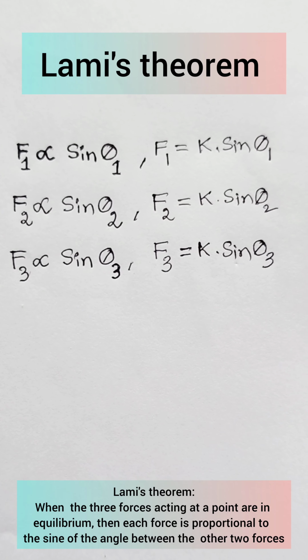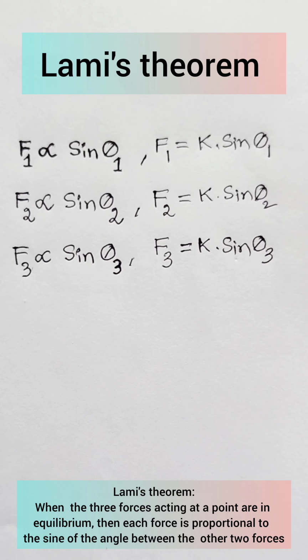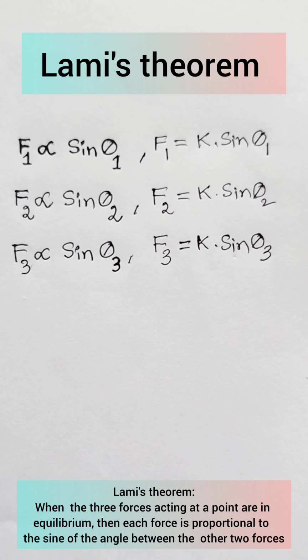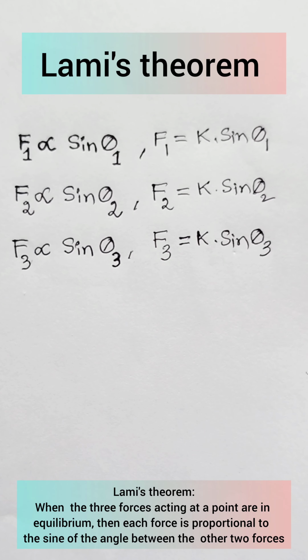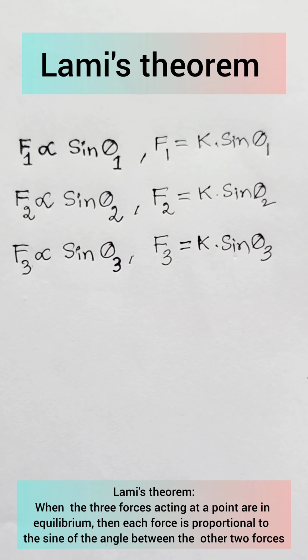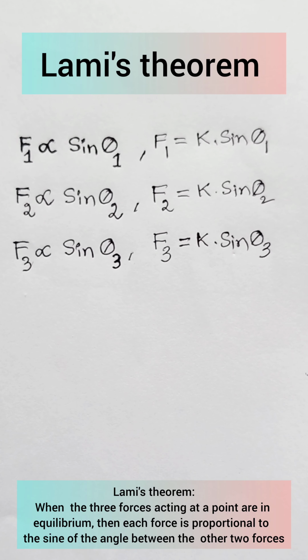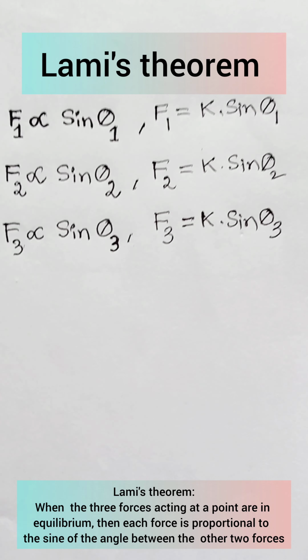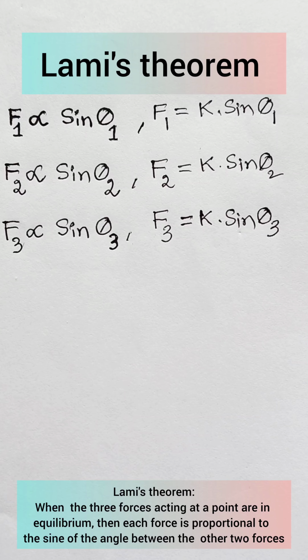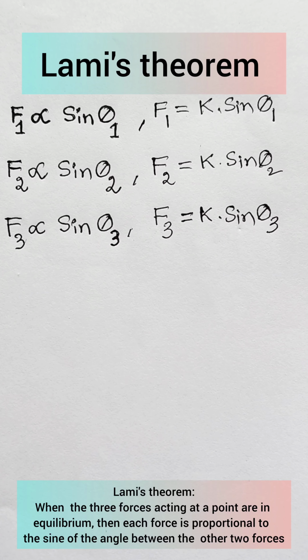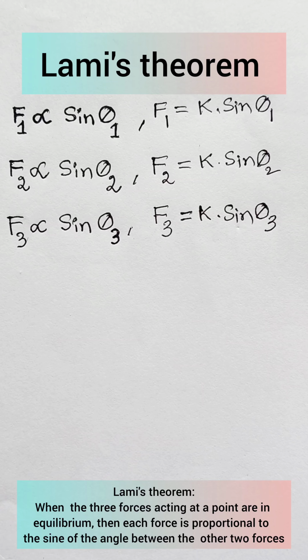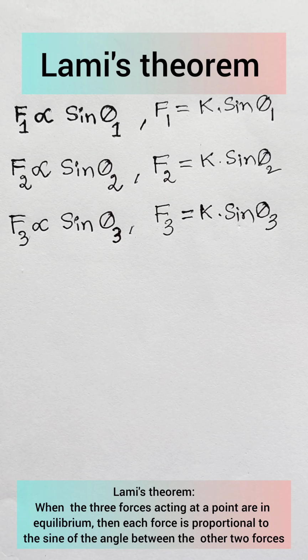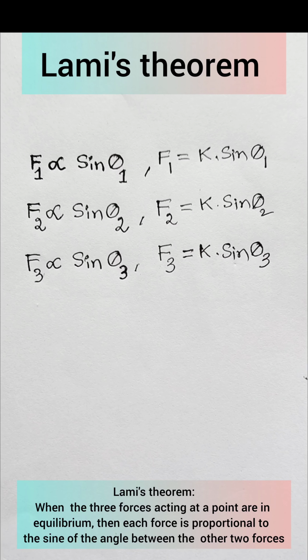Introducing proportionality constant K, we can also find F3 as F3 equal to K sine theta 3. Using all these three relations, we can write K as F1 by sine theta 1, F2 by sine theta 2 and F3 by sine theta 3.